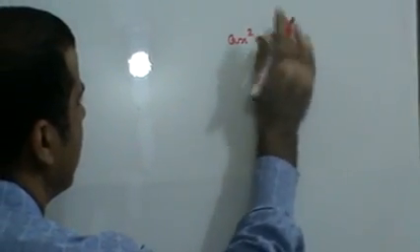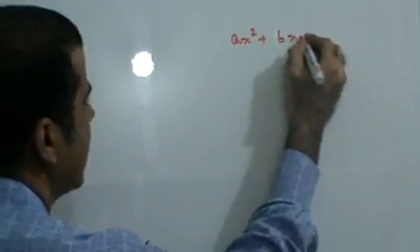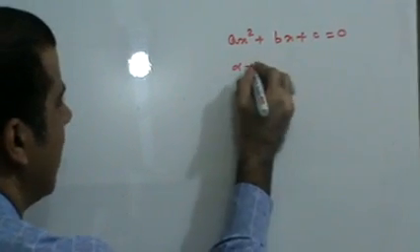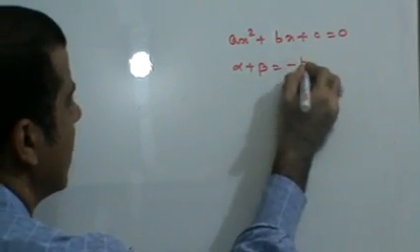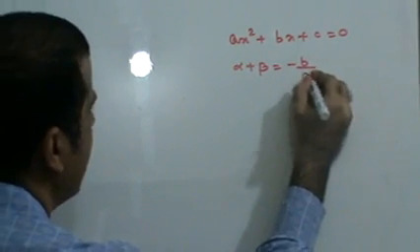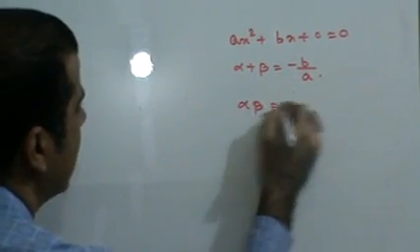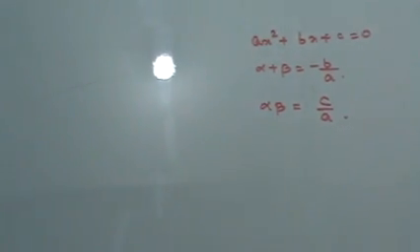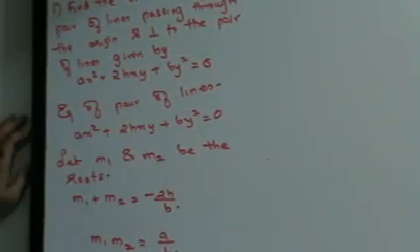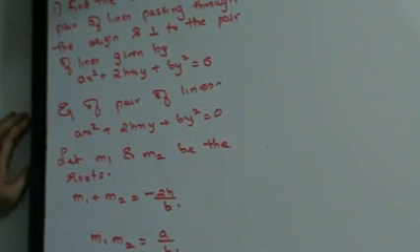Guys, I'll just show you the formula on the right hand side of the board. If I have a quadratic equation in the form ax square plus bx plus c is 0, then alpha plus beta is minus b upon a and alpha beta is c upon a. Right? So in that case, I'm assuming this to be a quadratic equation in the form by square.